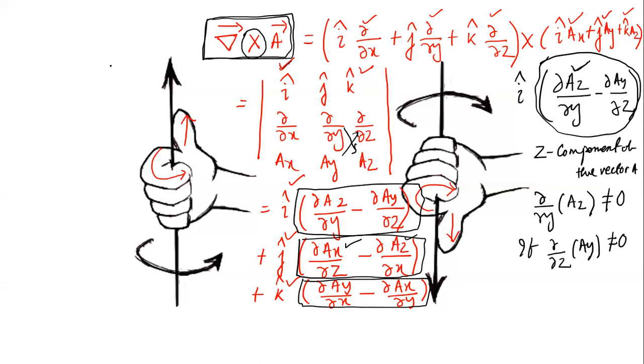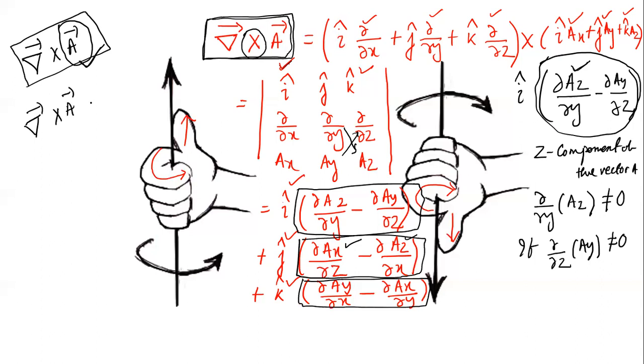Del cross A will exist. When you say del cross A exists, that means the vector A has a rotating effect. So the curl of a vector gives you the rotating effect of this vector field A. And how to find that? You just determine del cross A and check whether it is zero or not.